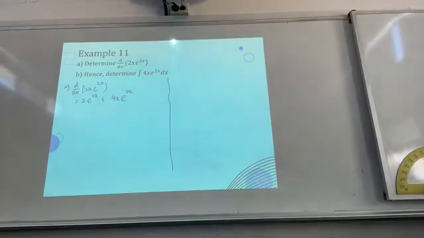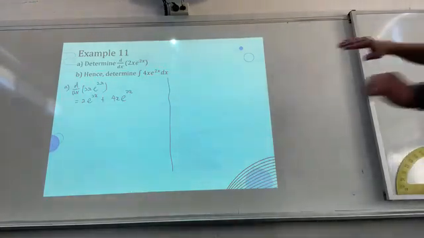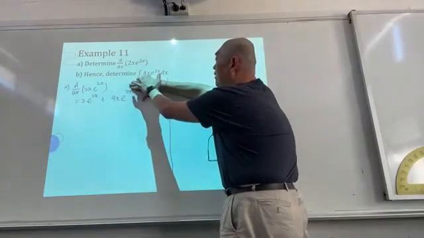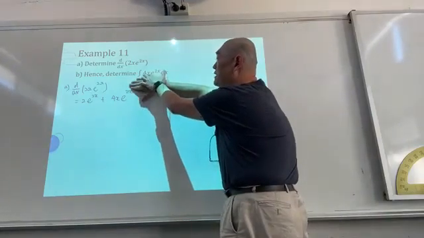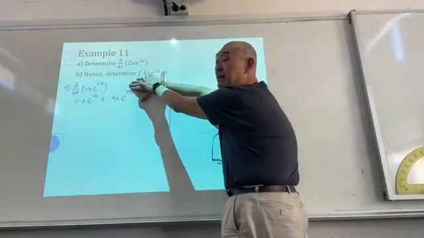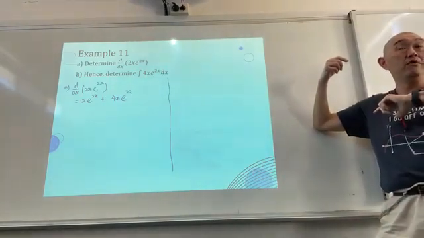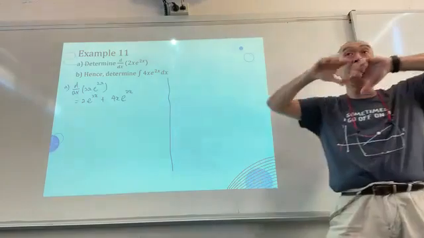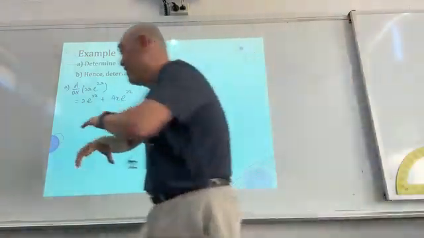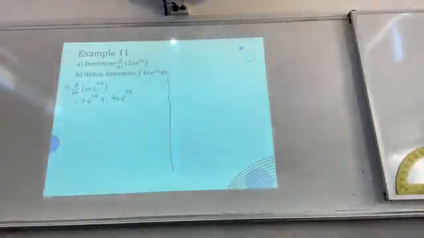Now, the thing is, if you differentiate 2x, it's actually only 2, but there's an x here, and you cannot expand e to the power of 2x at all. It's not a binomial product. It's e.